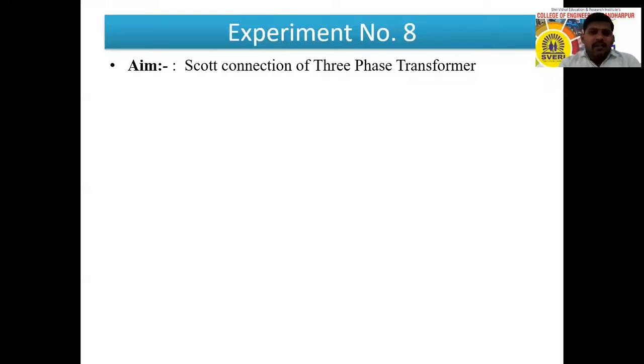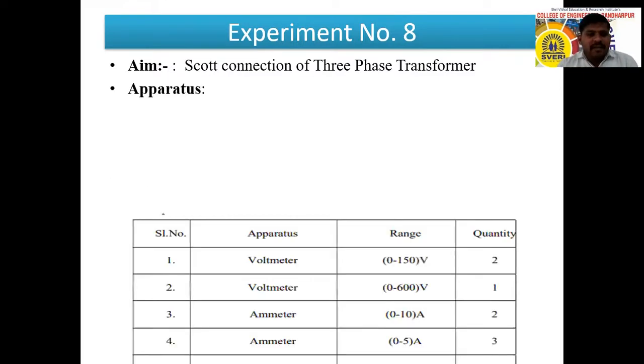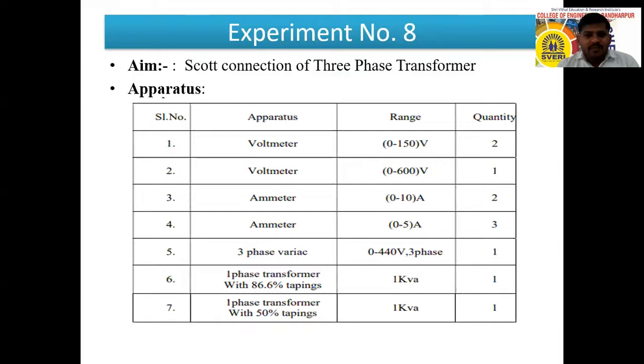That means if our load is in the form of two-phase and the supply available is three-phase, for that purpose we use a Scott connection. How it is converted, we will understand by performing the experiment also.